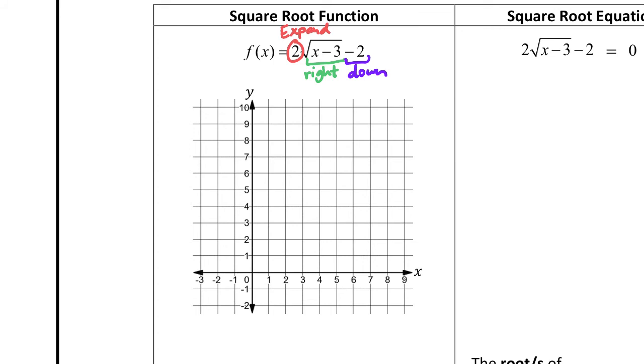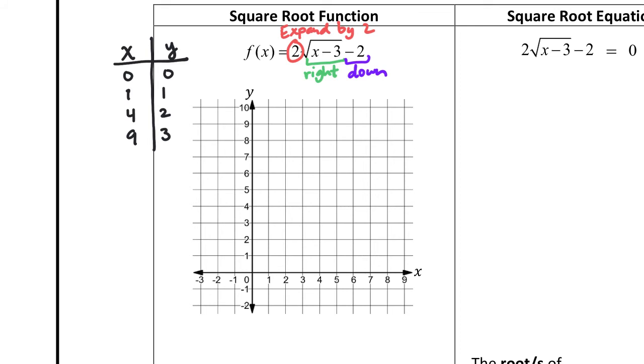Expansion by 2. Okay, so what the expansion means, and so let me make a little table here. So remember we had x and y, and for a square root, it's 0, 0, 1, 1, 4, 2, and 9, 3.